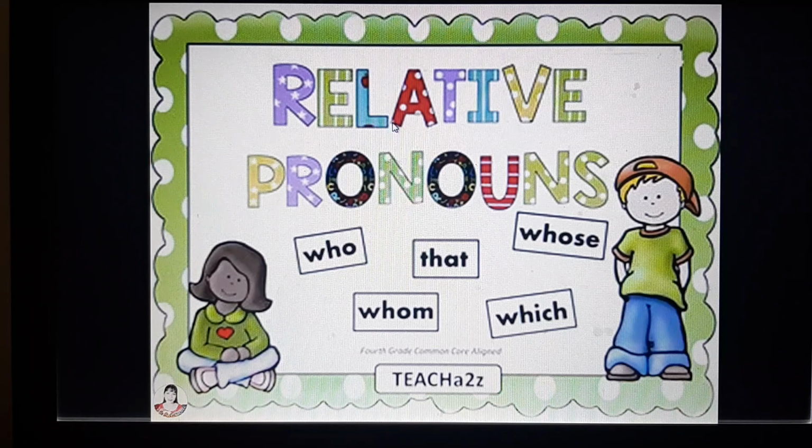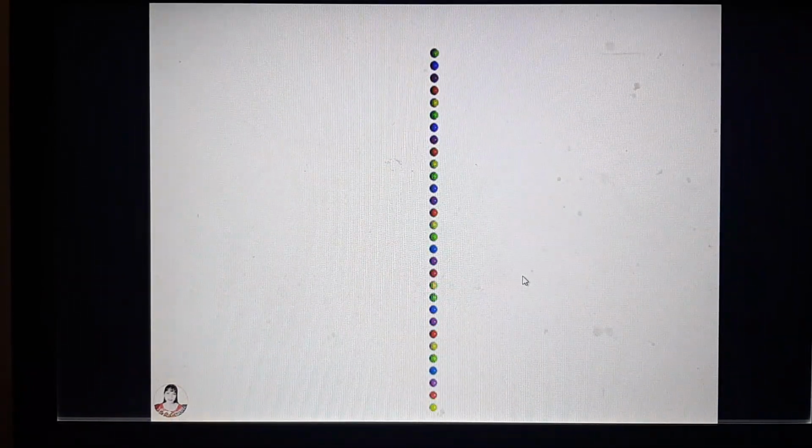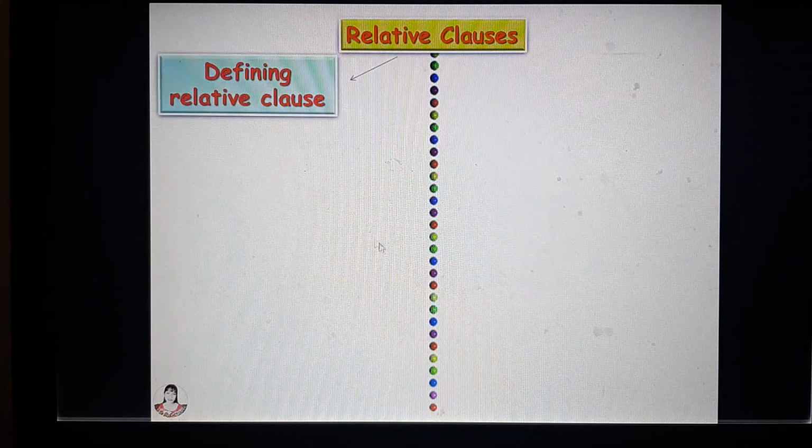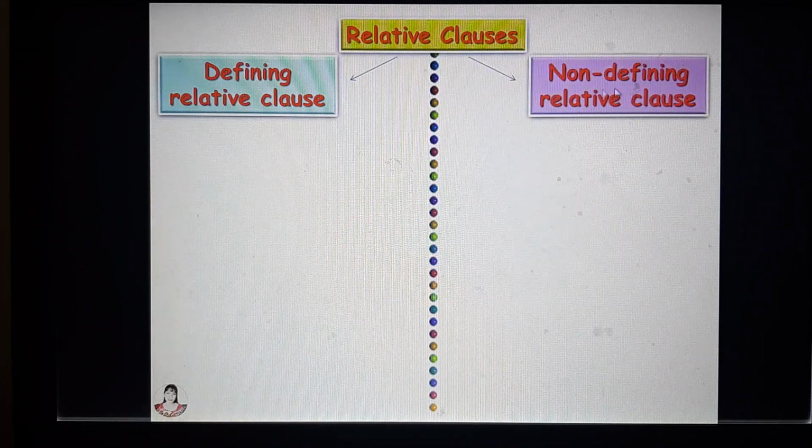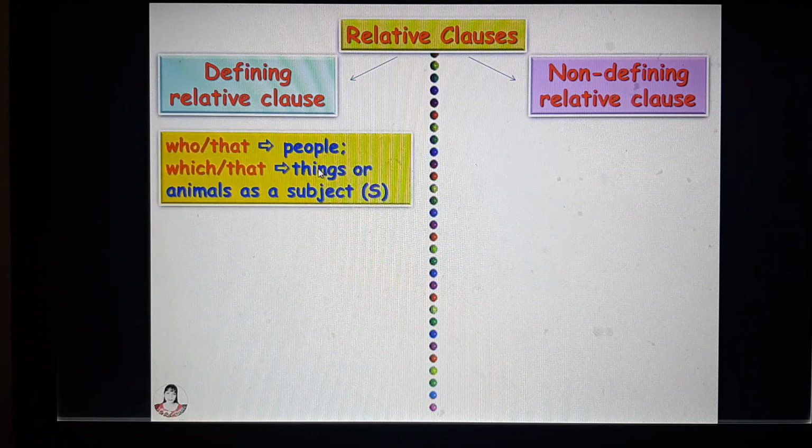Now I will show you how to use relative pronouns: who, whom, which, that, whose. We use who, that for people, and which, that for things or animals as a subject.